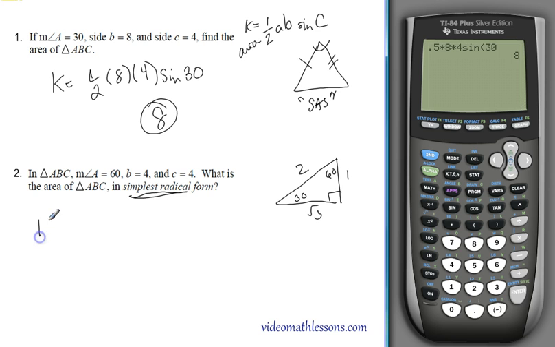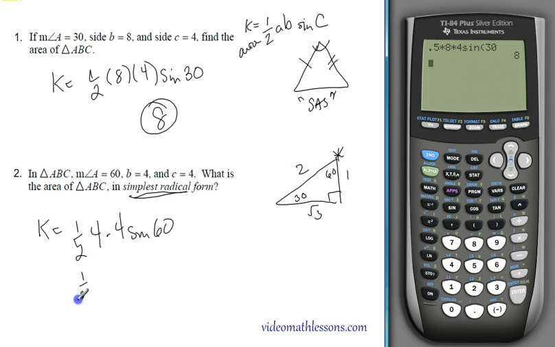So let's plug in. So area is K equals 1/2 times 4 times 4 sine 60. Now looking at my triangle, if I'm standing up here, the sine of 60 is radical 3 over 2.